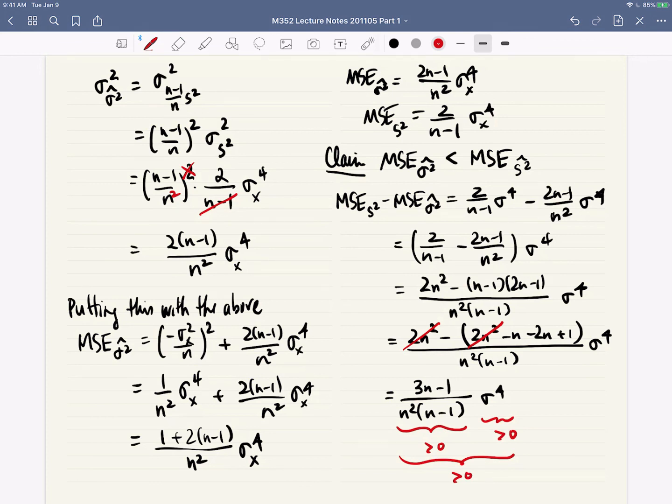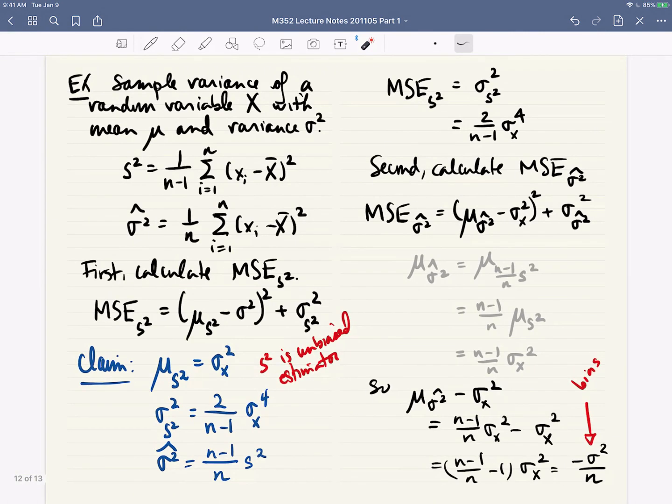If this difference is positive, it means that the mean squared error of the sample variance is bigger than the mean squared error of this alternative estimator. So on the basis of mean squared error alone, a person could conclude that this other estimator is better.